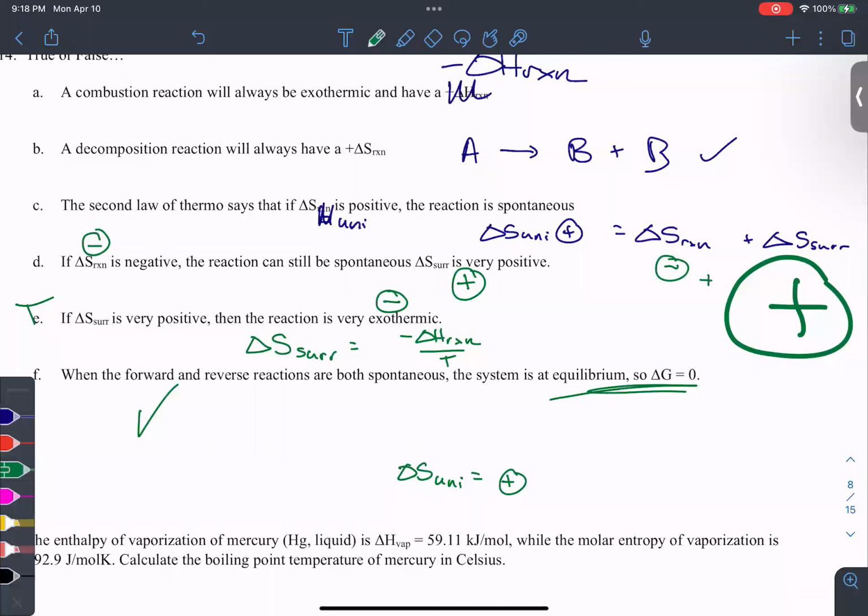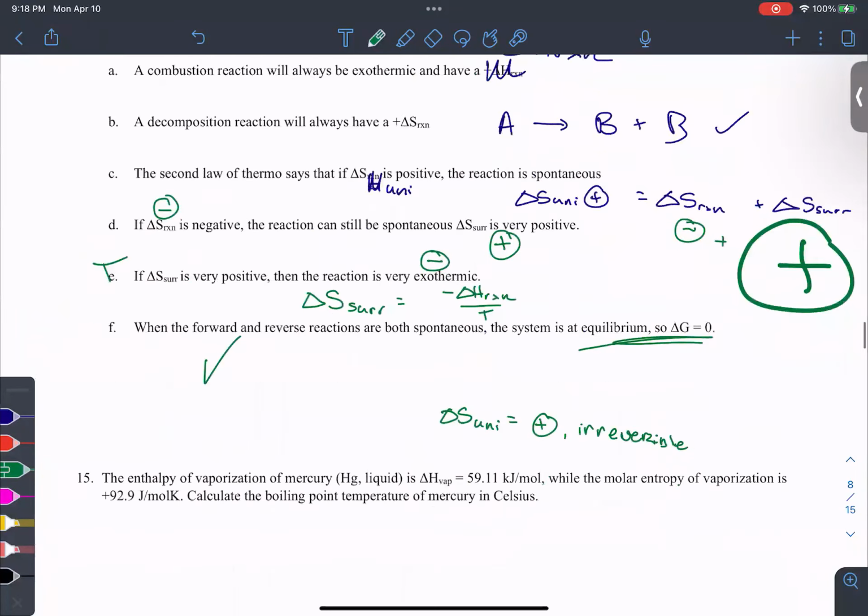When the entropy change of the universe is positive, these are spontaneous reactions. They move in the forward direction spontaneously, and they are irreversible processes. Okay, so let's keep going.